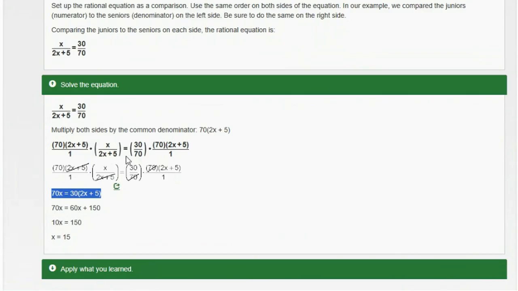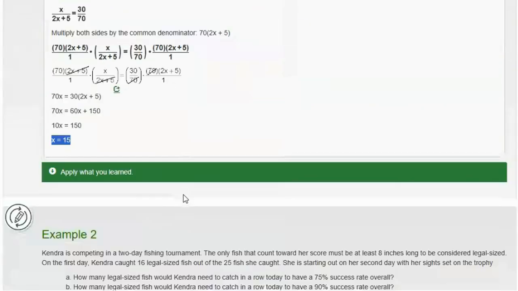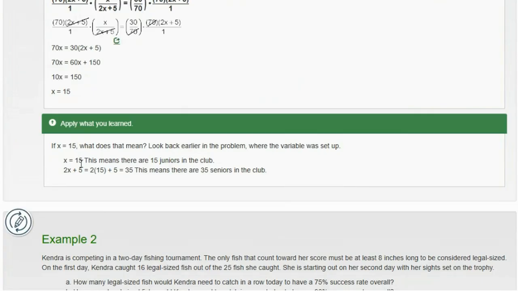And they did it by pretty much cross multiplying. 70x equals 60x plus 150, 10x equals 150, x equals 15. Apply what you've learned. So if x equals 15, that means there's 15 juniors, and then 2x plus 5, 35 seniors.